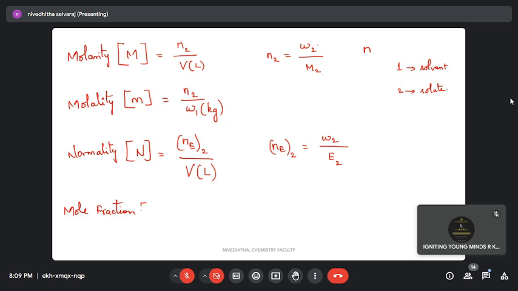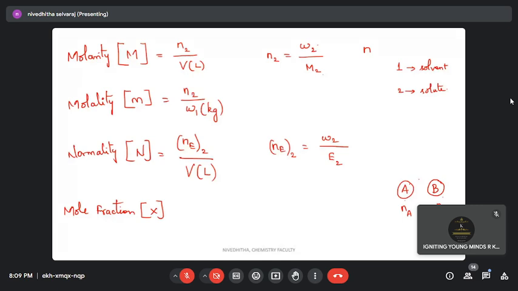For all the components, I can write mole fraction. For example, a solution contains 2 components, A and B. The number of moles of A is Na, and the number of moles of B is Nb.